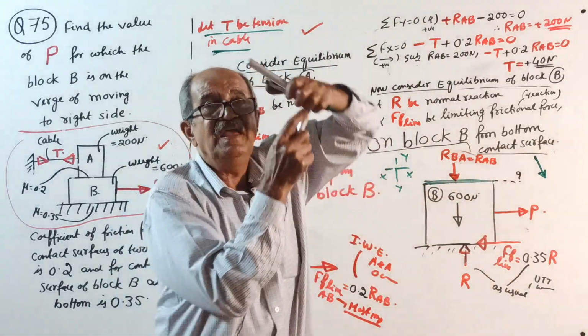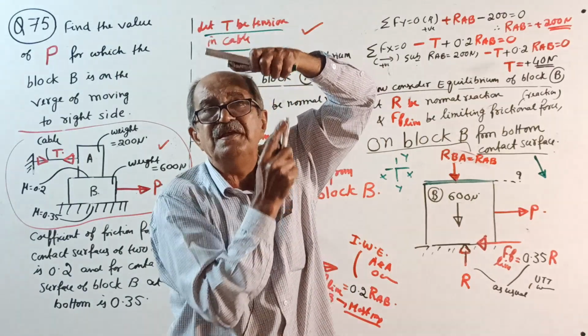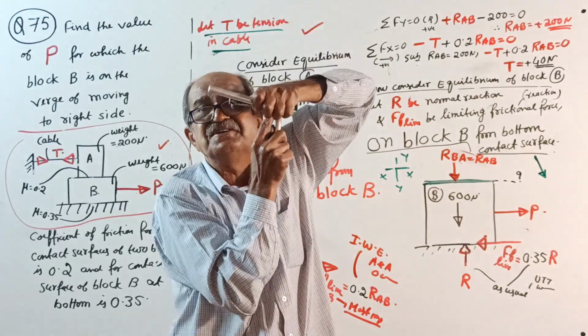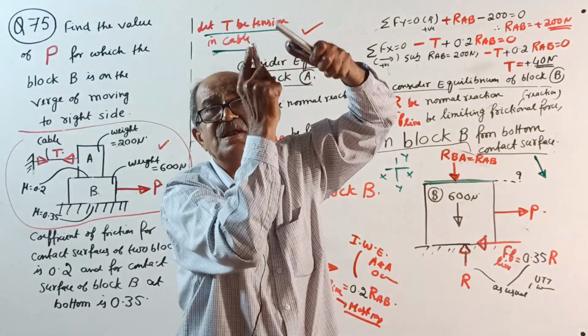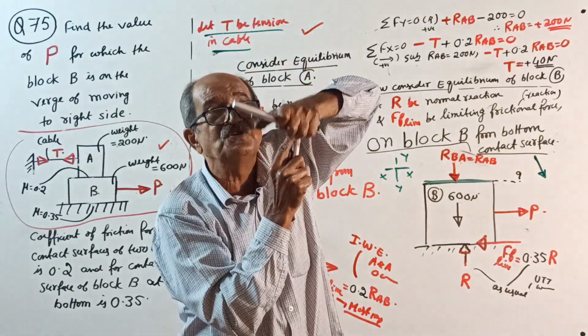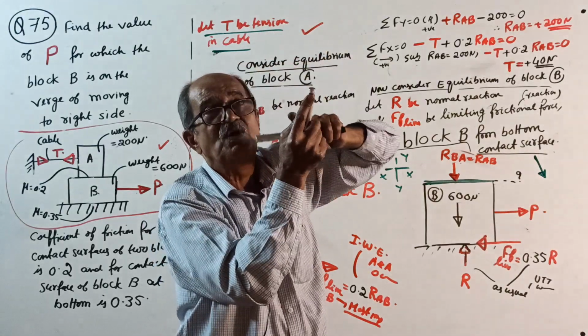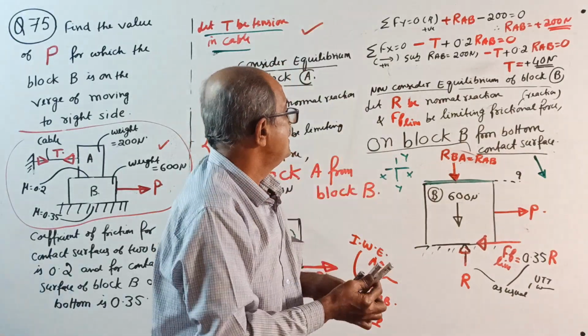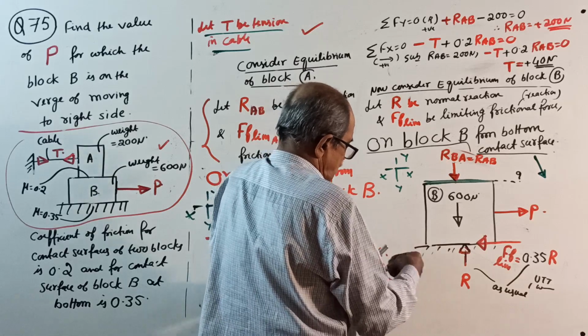Action and reaction: how much is the reaction, that much is the action. If this is giving an upward reaction, this is getting a downward force. For the upward member, reaction this way; for the downward member, force this way. Equal to, you know the answer. Write the answer, whatever you got.